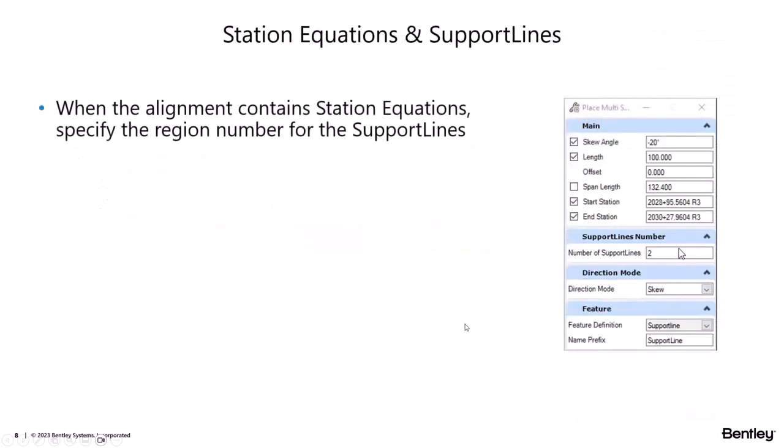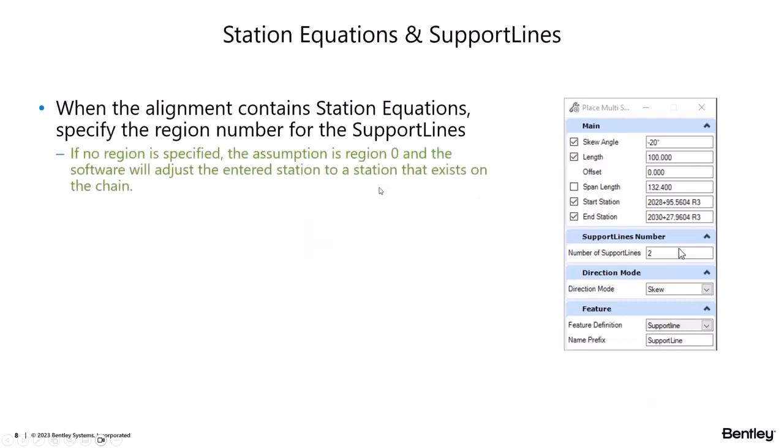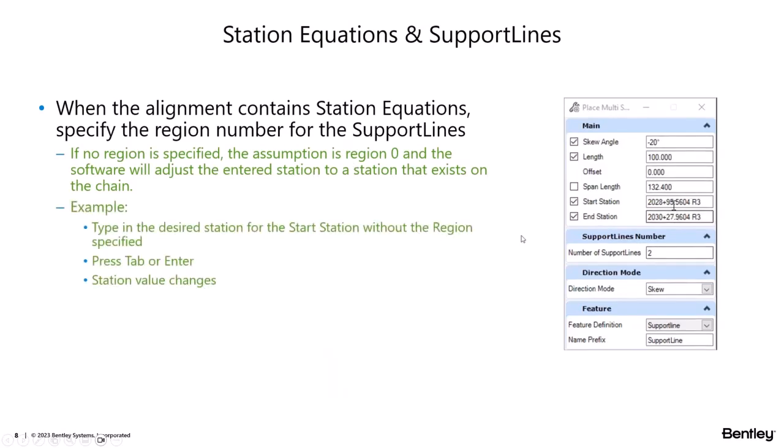All right, next up here, what about station equations and support lines? I had somebody trying to type in a station one time, and it assumes a region 0 if you don't input a station region there. So again, if you don't input any region or anything, it's going to assume 0.